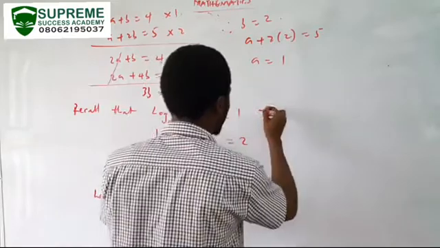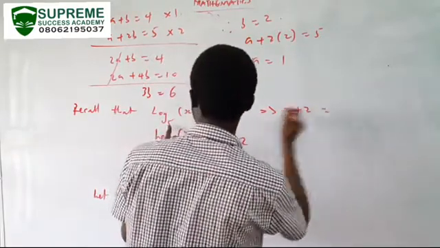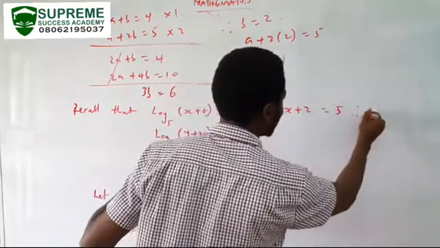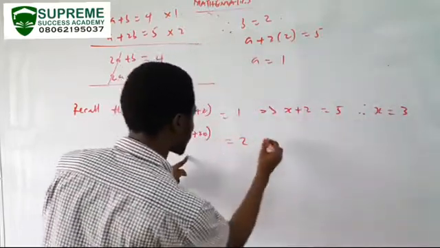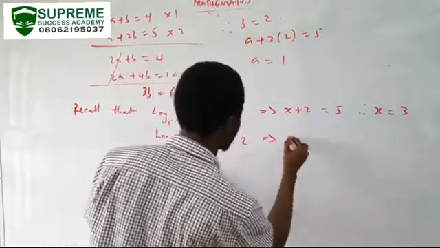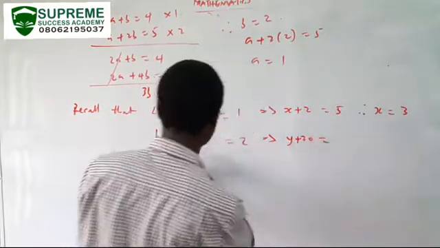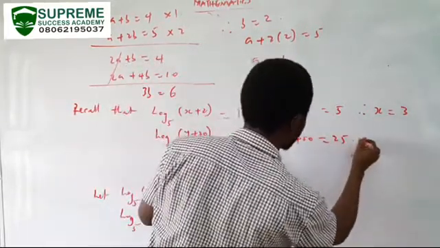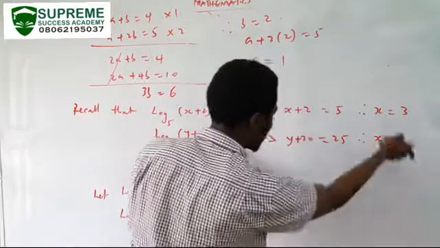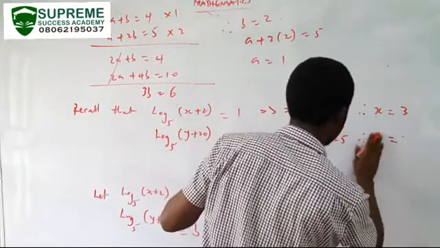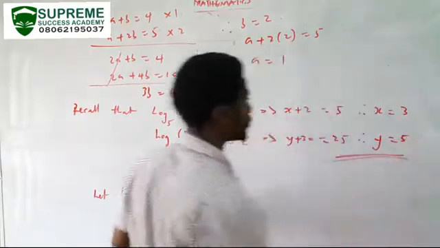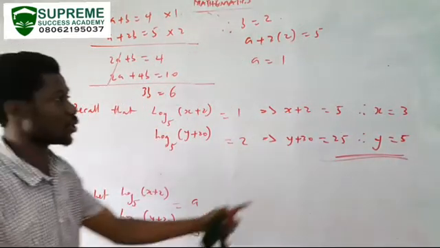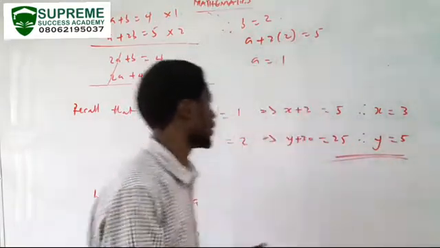So when this one, you have x plus 2 equals 5 raised to power 1, which is 5. Therefore, x will be equal to 3. Is that correct? Then this one also, the same way, you have y plus 20 equals 5 raised to power 2, which is 25. Therefore, y will be equal to 25 minus 20, that's 5. And these are the solutions to the problem. As simple as that. So you obtain your x, you find your y, and that's all.